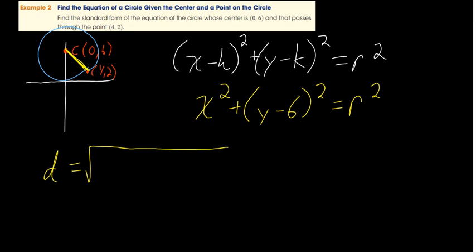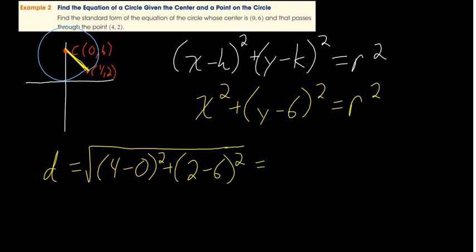Let's let this be point 1 and this be point 2. So let's say (4 minus 0), the difference in x's, squared, plus the difference in y's, (2 minus 6), squared.